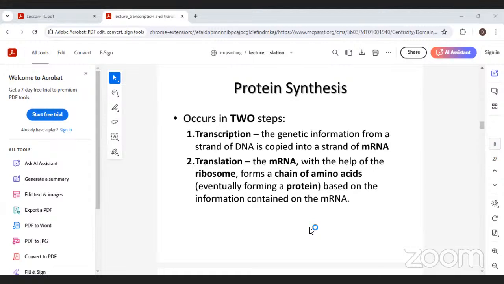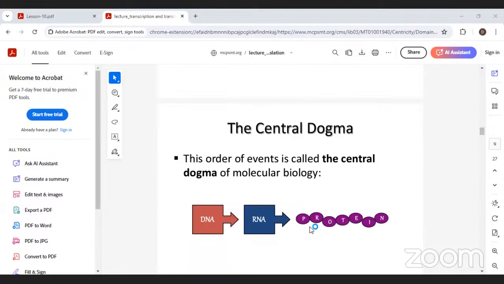Transcription: the genetic information from a strand of DNA is copied into a strand of mRNA. Translation: the mRNA, with the help of the ribosome, forms a chain of amino acids, eventually forming a protein based on the information contained in the mRNA.